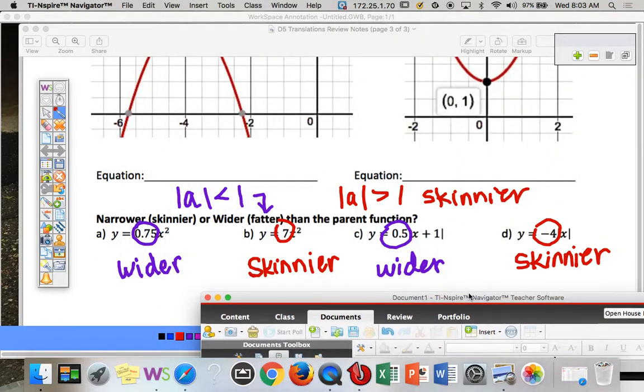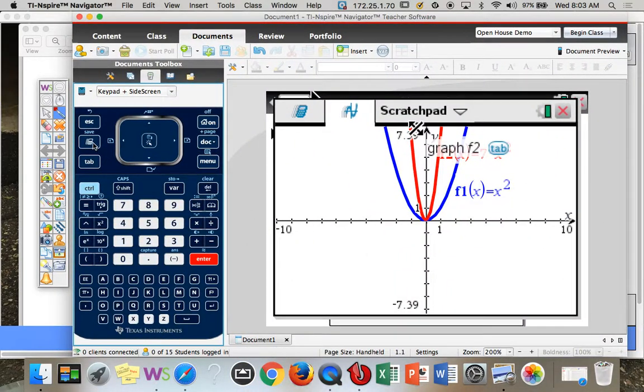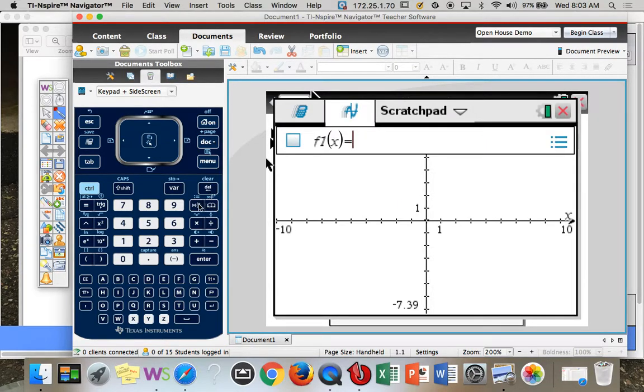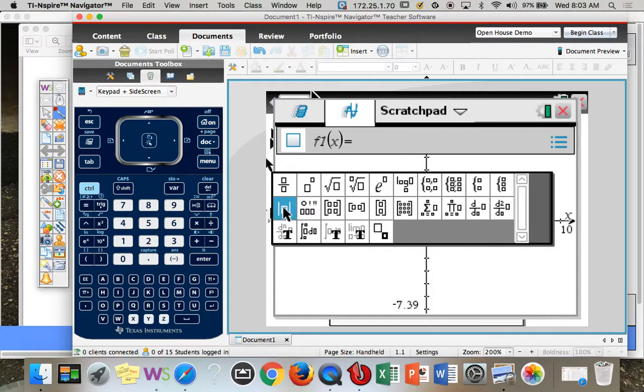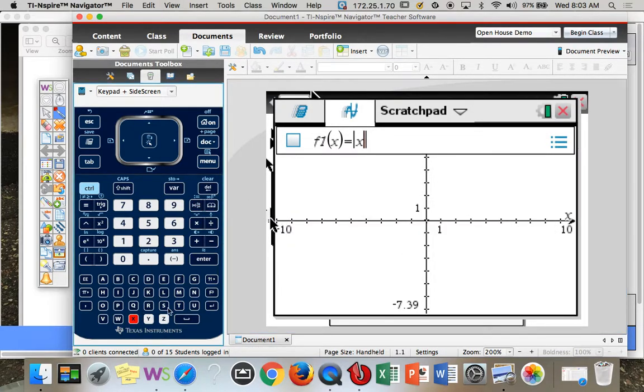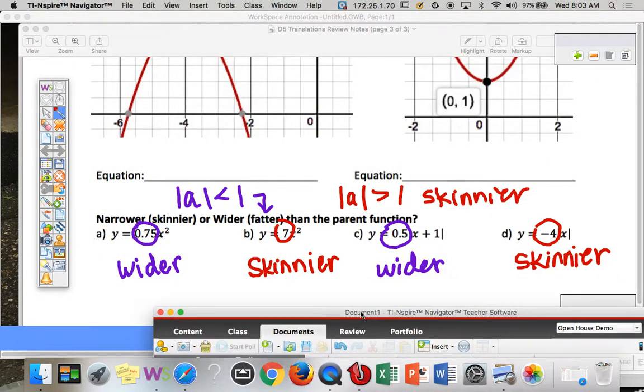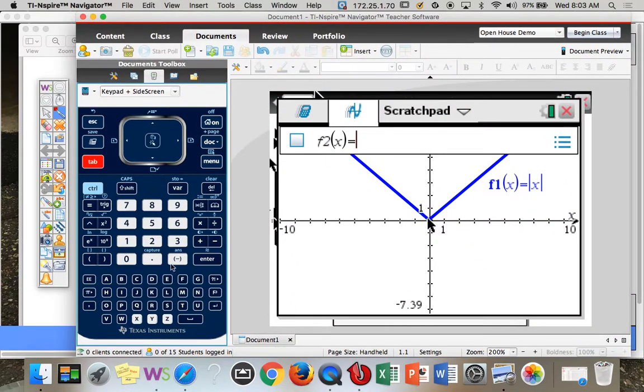And you can do the same with absolute value. So I'll graph all the absolute value on one. Okay, so absolute value, remember, is next to the book button, or next to the number 9, there's absolute value of x. So here's the parent function. And then I'm going to graph the next one, 0.5 x plus 1.